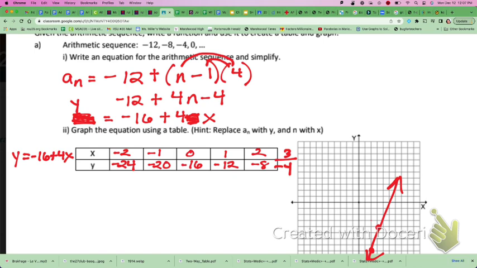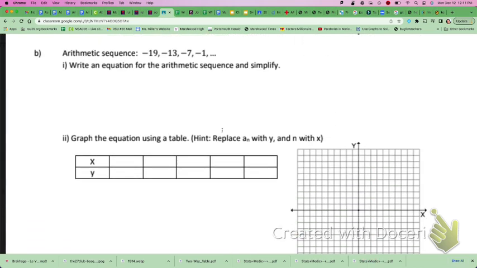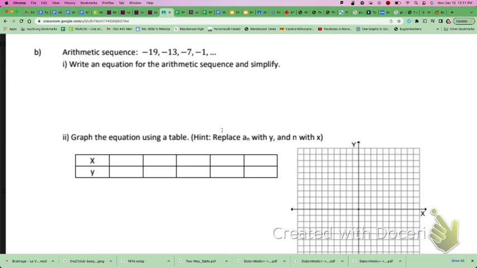All right, let's do the last one. Okay, so we have a sub n is equal to my first term, which is negative 19, plus n minus 1. What's the common difference? Are we adding 6? Is that what we're doing each time?